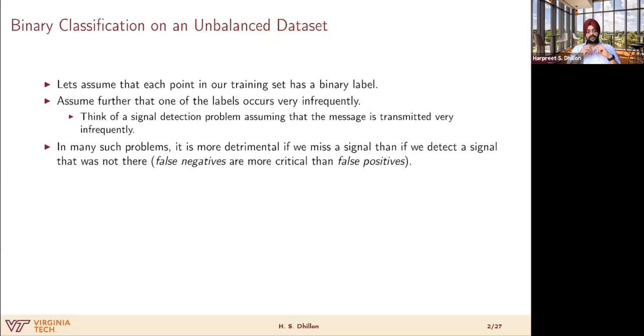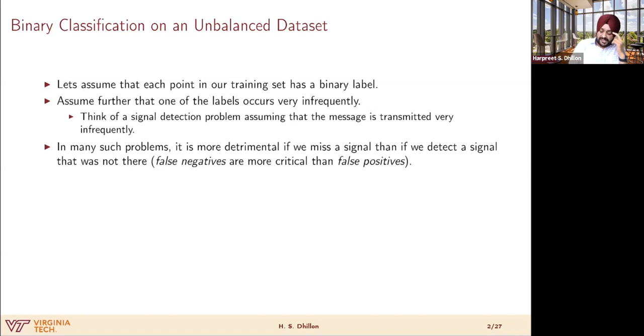Now, in many such problems, it is more detrimental if we miss a signal, just because your signal is so infrequent, than if we detect a signal that was not there. In other words, false negatives are more critical than false positives.